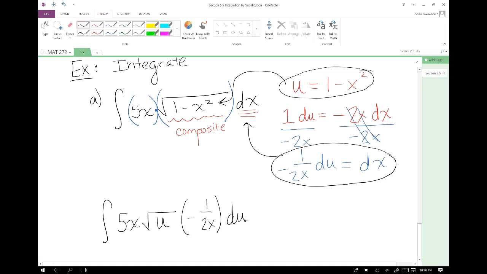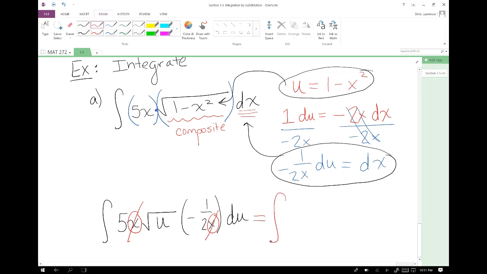And if we've done this correctly, if there was any sort of product or quotient, the x's in the product or quotient function should cancel away, which they do here. I've got an x out in the front that's being multiplied, and then when I pulled in my du, I had an x there that's being divided, and those will cancel each other out.